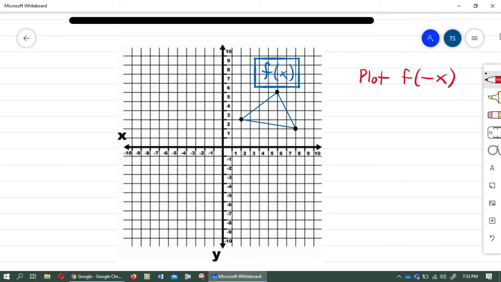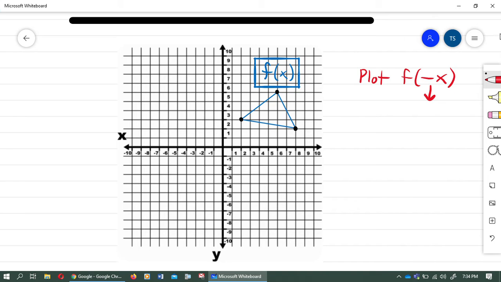All right. So you should be able to tell me whether this thing becoming negative on the inside is going to be a reflection over the x-axis or a reflection over the y-axis. Because it's multiplied by a negative number on the inside, it is going to be a reflection over the y-axis.